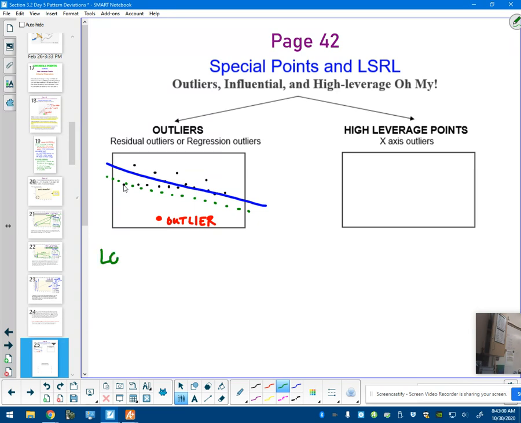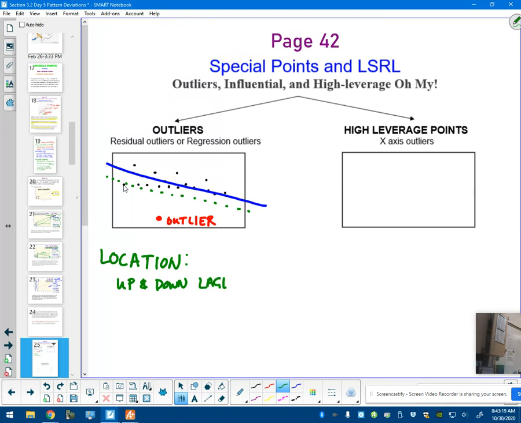So the first thing I have is location. The location is up and down.